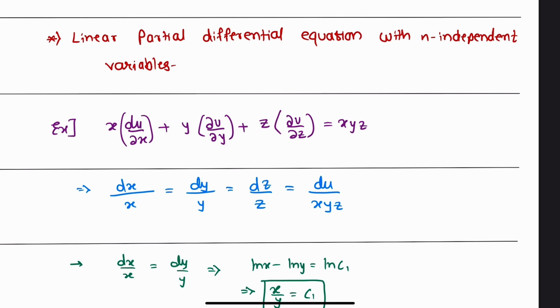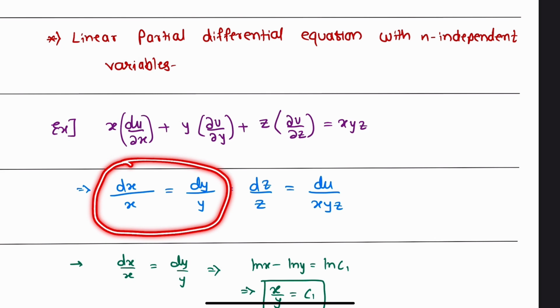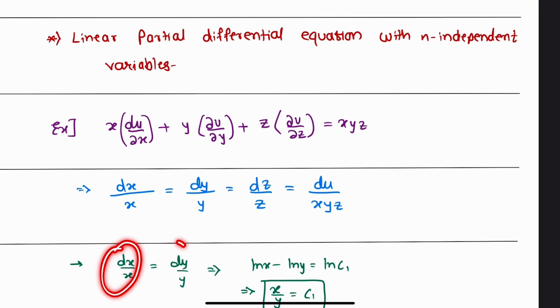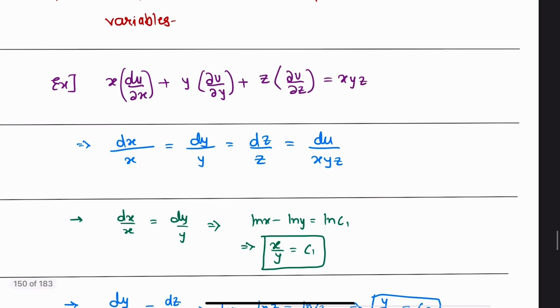So now let us take first these two and solve. dx by x equals dy by y. If we integrate on both sides, we'll get log x minus log y equals log c1. I've written here ln, but it should be log. Now x by y equals c1. Now don't ask how x by y equals c1.